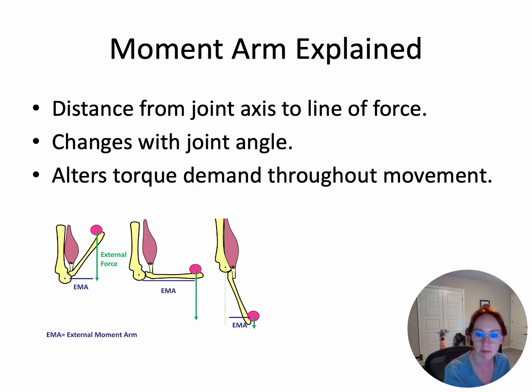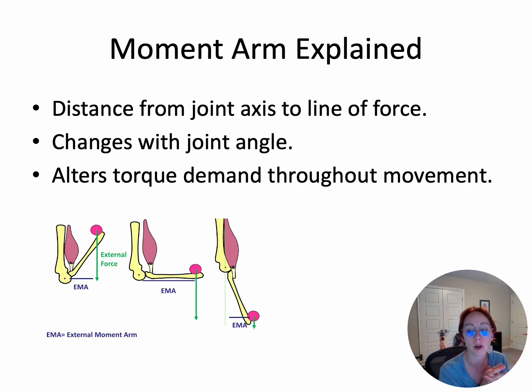Even if the force remains constant, changes in that moment arm can significantly alter the torque and the force you're having to put into it. As you saw with the previous example of the guy holding that barbell, and the various changes in the position of the barbell and having to hold it in a steady position, the torque demand changes because of the moment arm increasing.